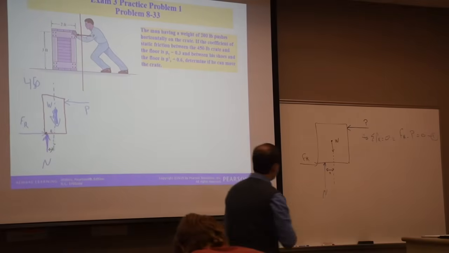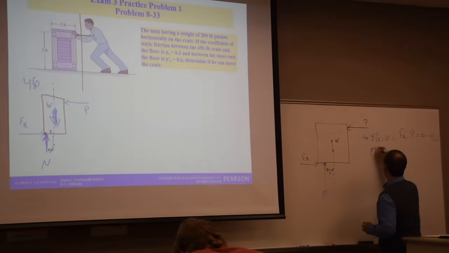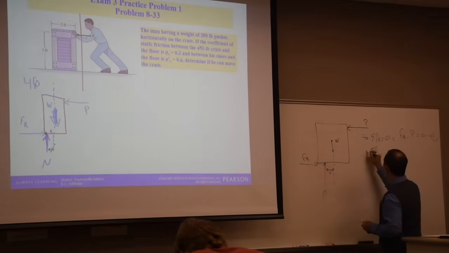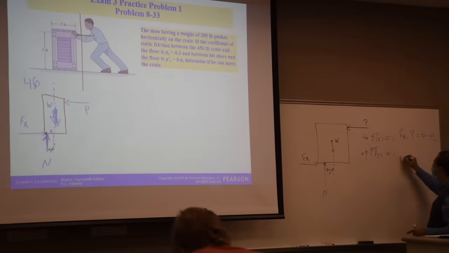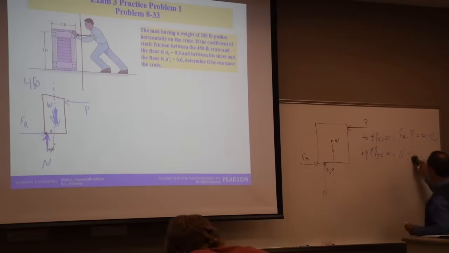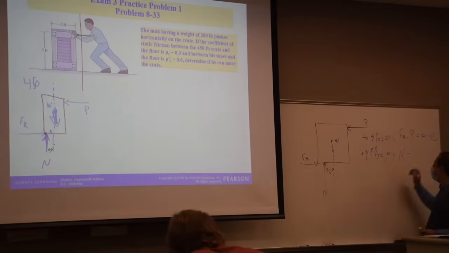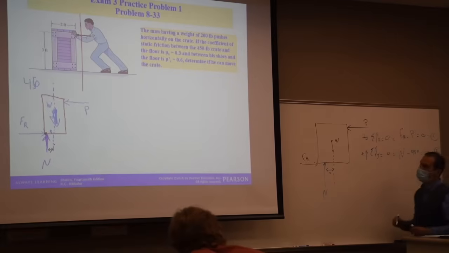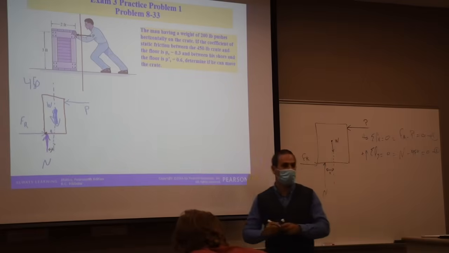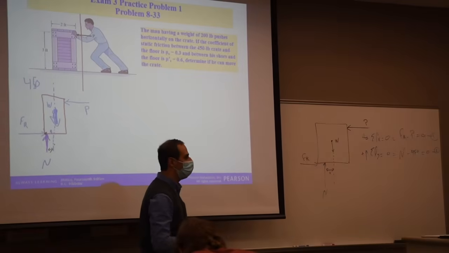Now, for the y-axis, summation equal to 0, up is positive. I will have normal force minus W, which is 450, equal to 0. That's number 2. Correct?